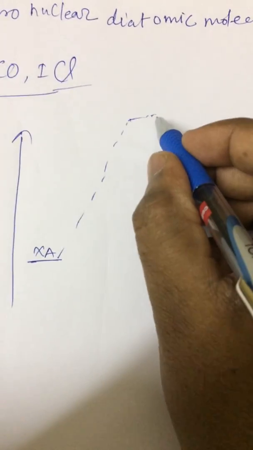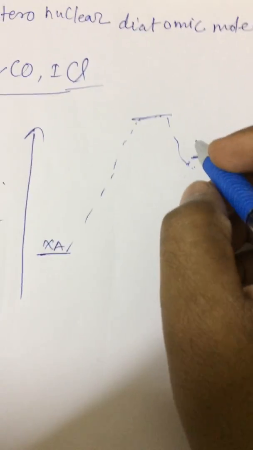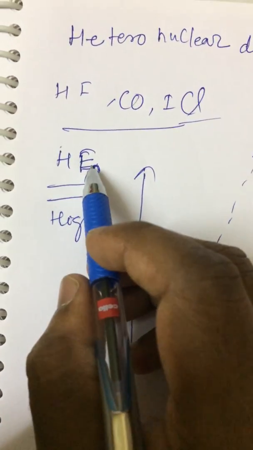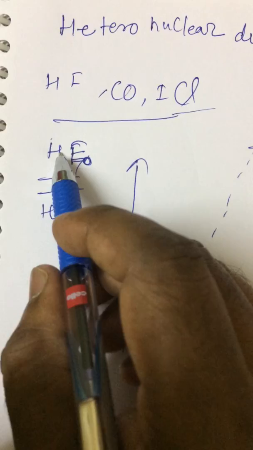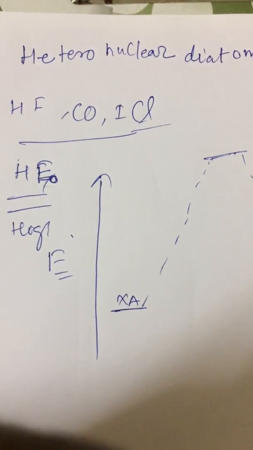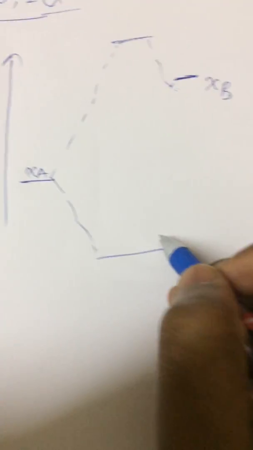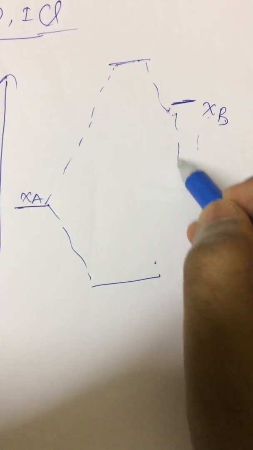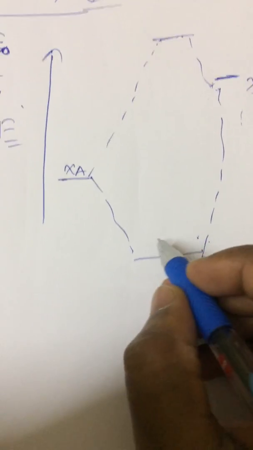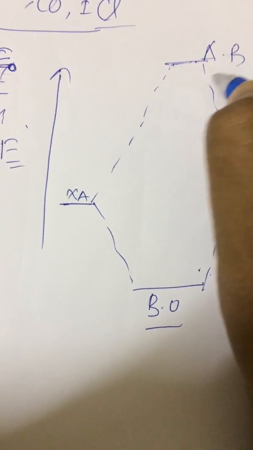The fluorine is more electronegative than the hydrogen atom, that's why the energies are not equal. So this is the bonding orbital, and this is the antibonding orbital. So these are the basic things.